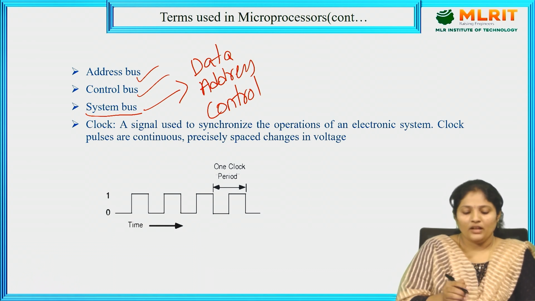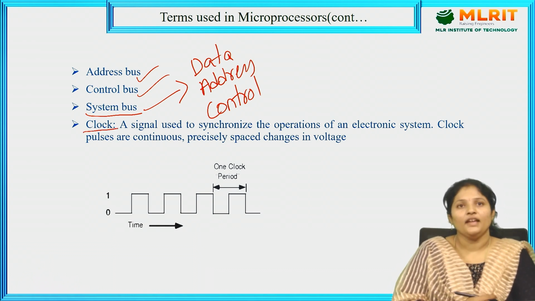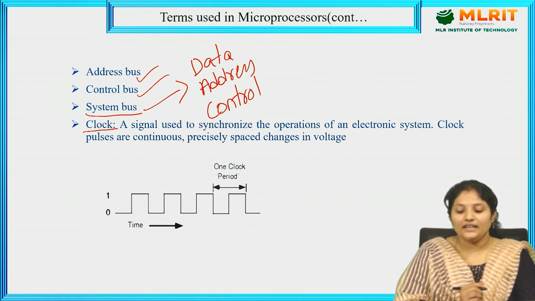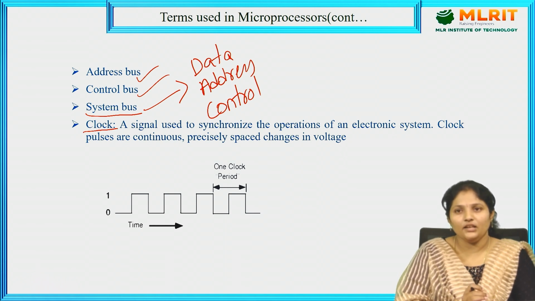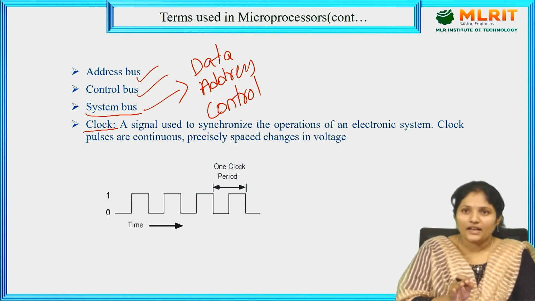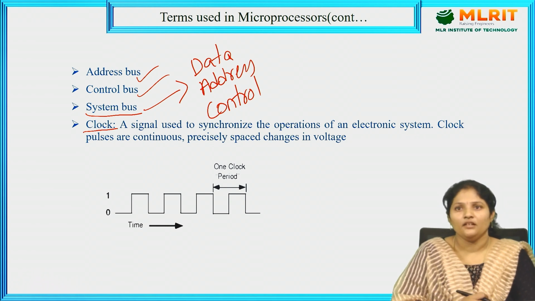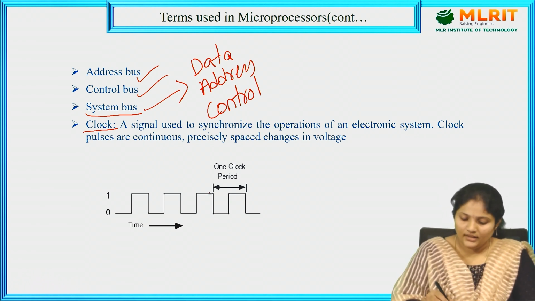So now coming back to what is a clock? A signal used to synchronize the operations of an electronic system. A signal which is used to synchronize the blocks present in the system. Okay, clock pulses are continuous. You can say this is one clock period.